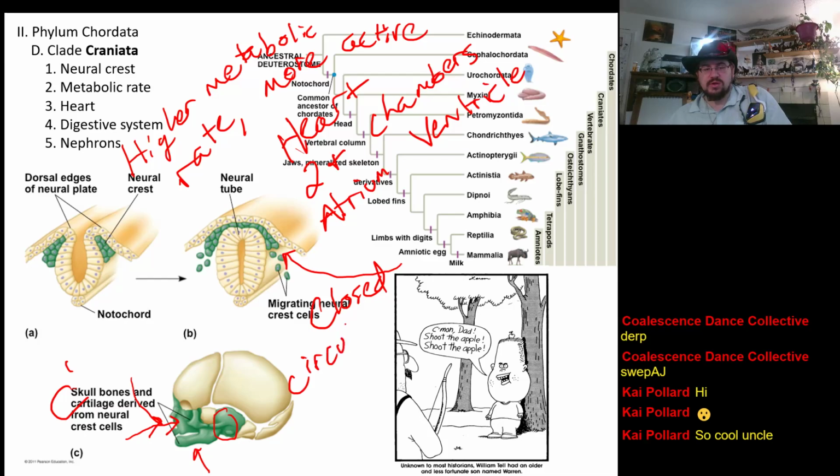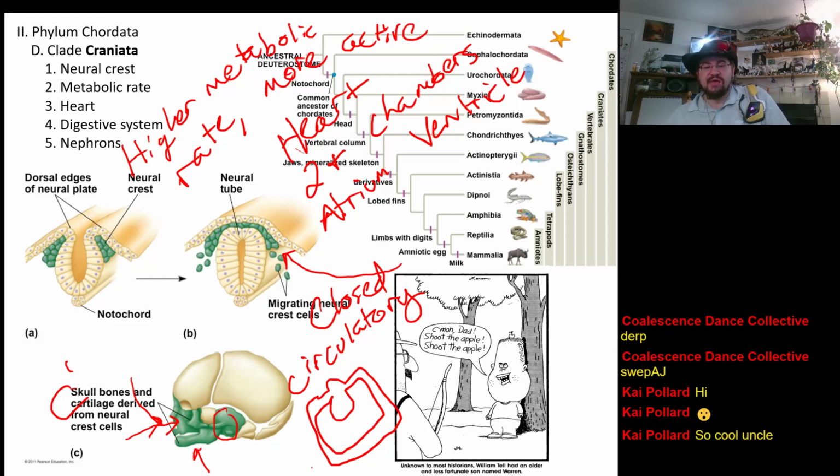closed circulatory systems, which means you have the pumping heart and then blood vessels completely enclosing all of the blood. So there's no blood sinuses, there's no mixing of blood around the organs.